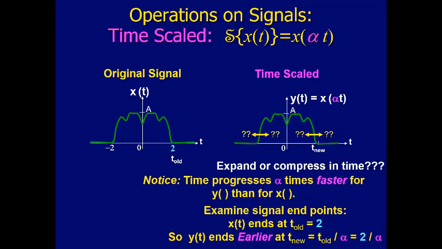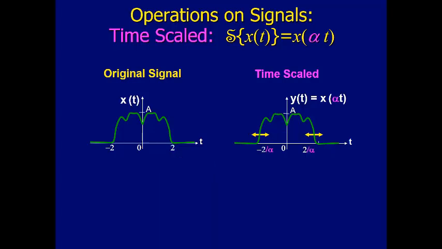The other way we can think about that is to look at the endpoints of our signal. In the original signal x of t, in our old time axis, it goes to 0 at time t equals 2 seconds. In our new y of t, where things are moved along by alpha times t, the endpoint should happen earlier, at t new equals t old over alpha, or in this case 2 over alpha.